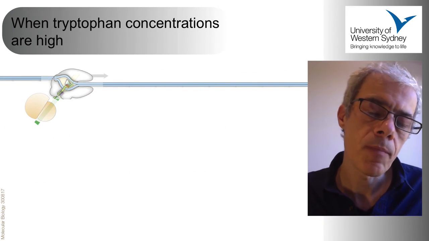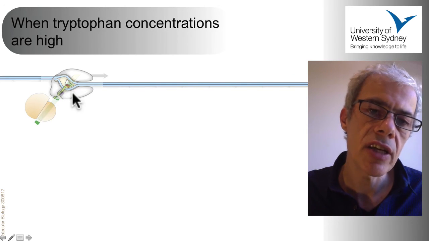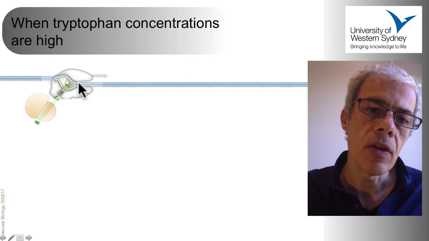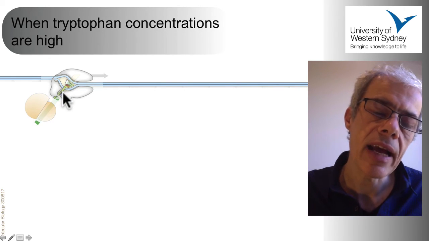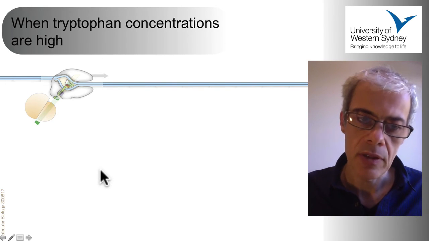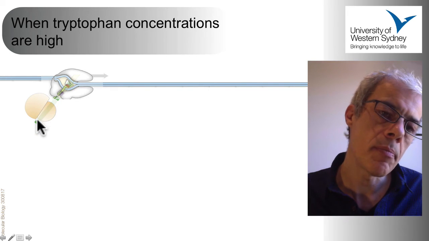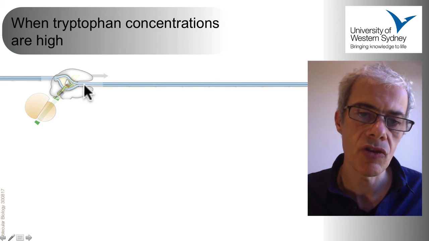So here there's an animation just showing the coupled translation and transcription. This time we're looking specifically at this leader sequence of the trp operon. So here's our ribosome attached to the messenger RNA that's been transcribed.